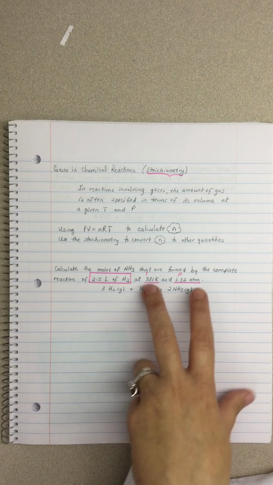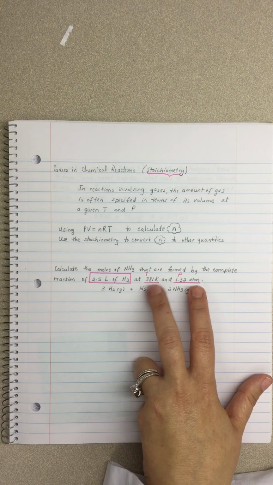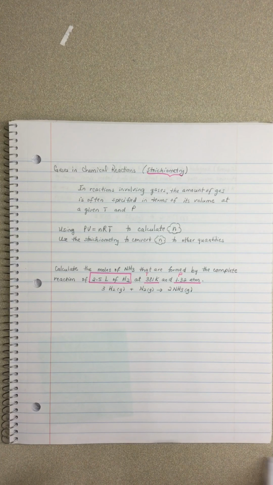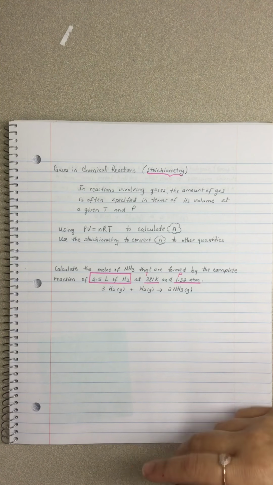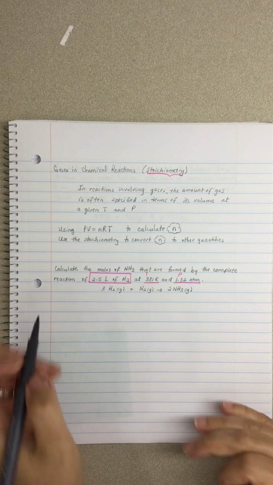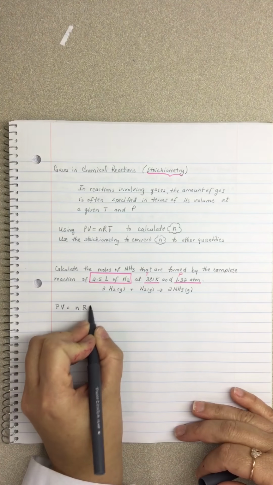Now, that temperature and pressure in your problem is the temperature and pressure for all of this. So your whole chemical reaction is happening in the same container. Now, if you look at your equation for the ideal gas law, your equation is PV = nRT.